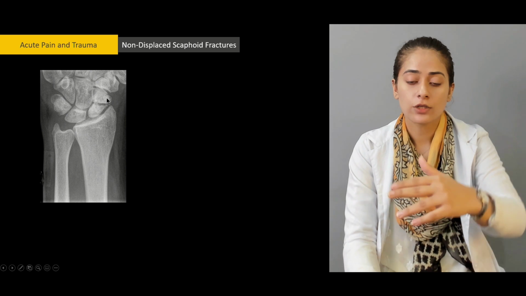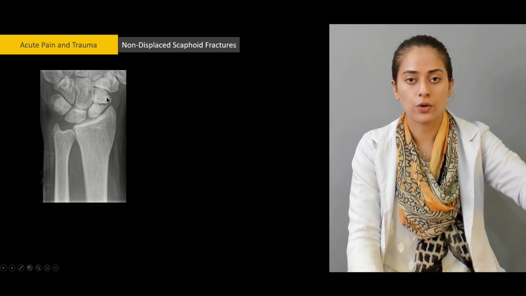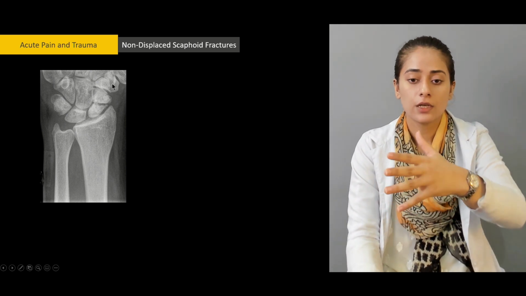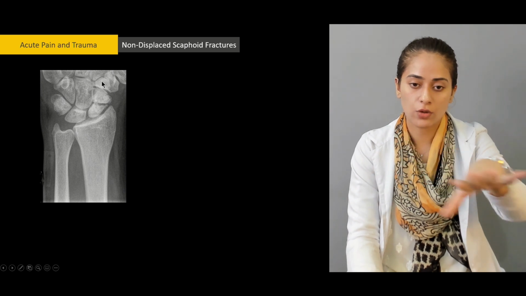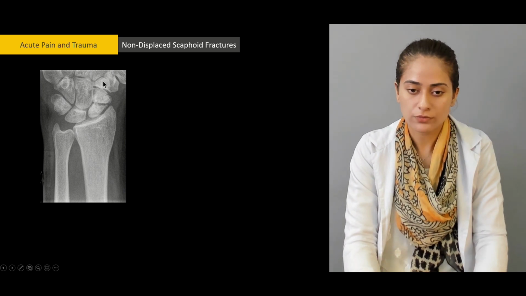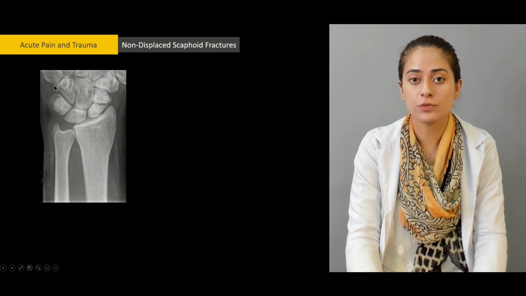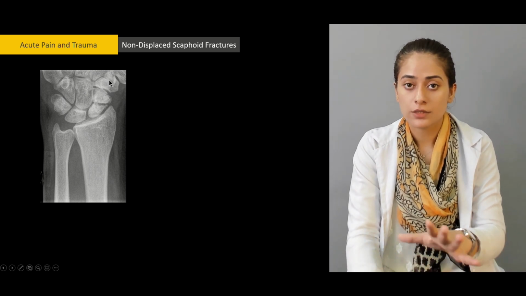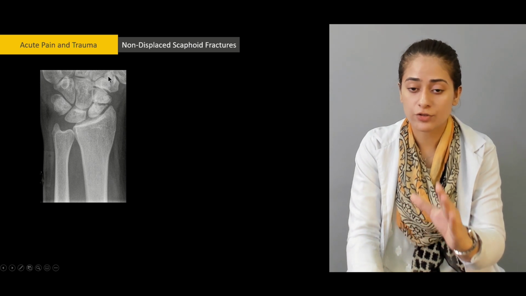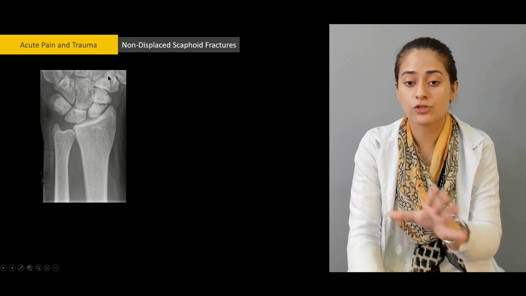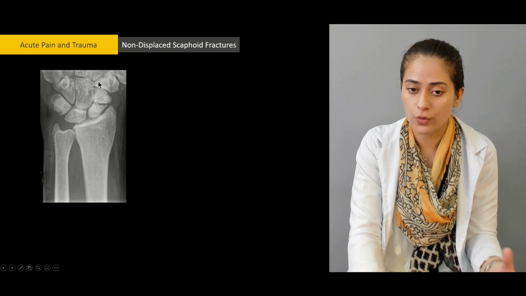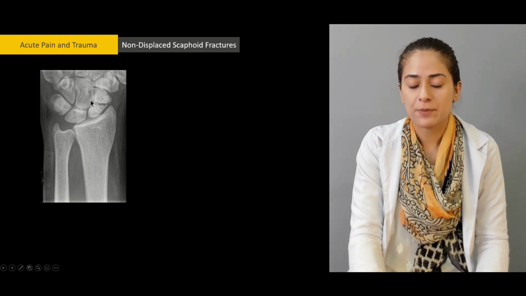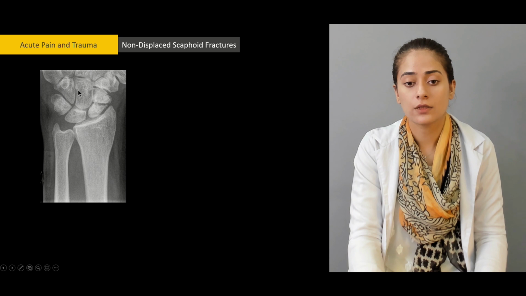So let's now go towards the distal row, or the second row, of the carpal bones. Again, moving from lateral to medial, let's name it. This is the trapezium, and then the trapezoid. Then we have the capitate and hamate.